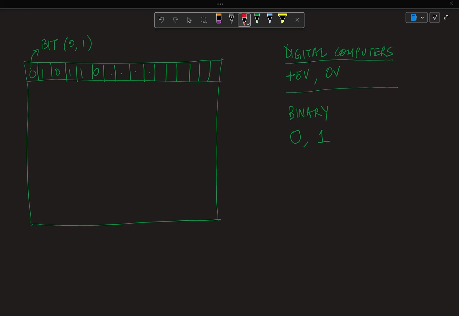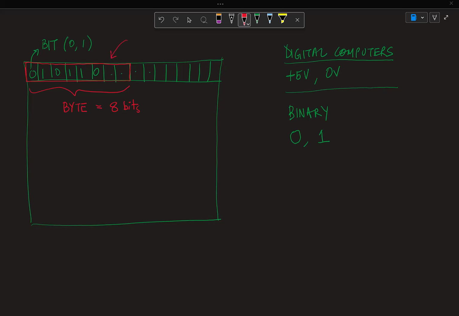Now, 8 bits. So 1, 2, 3, 4, 5, 6, 7, 8. 8 bits make up a byte. And each byte in the memory has an address.